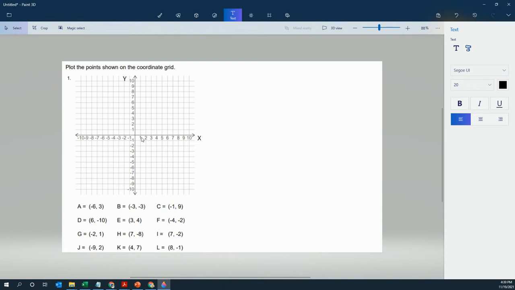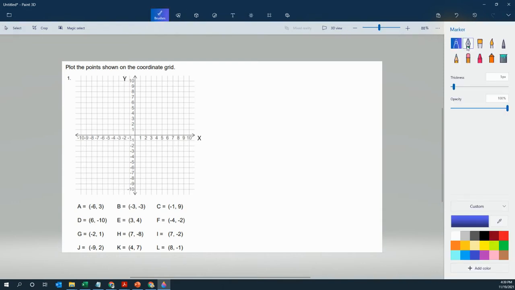And so if you wanted to graph point number A, let's give this thing a color. Point number A, you would go over on the x-axis, you would go -6 and then up 1, 2, 3. So this is where your A would be.